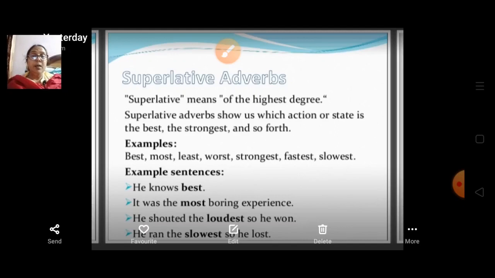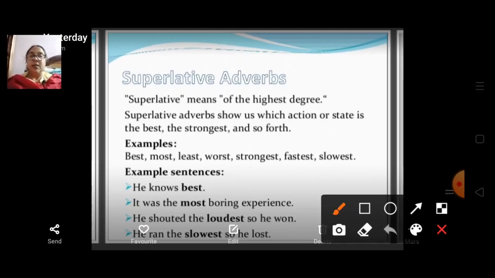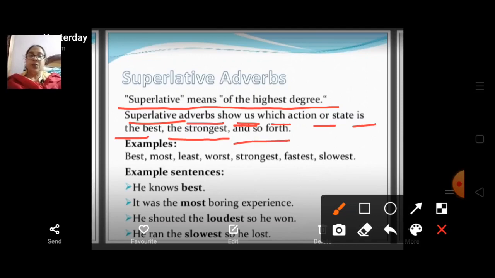For example, best, most, least, worst, strongest, fastest, slowest, highest.